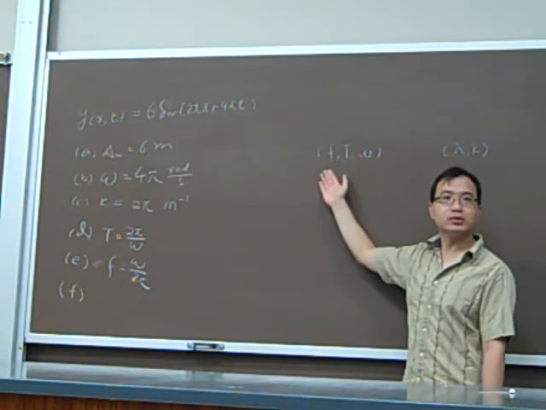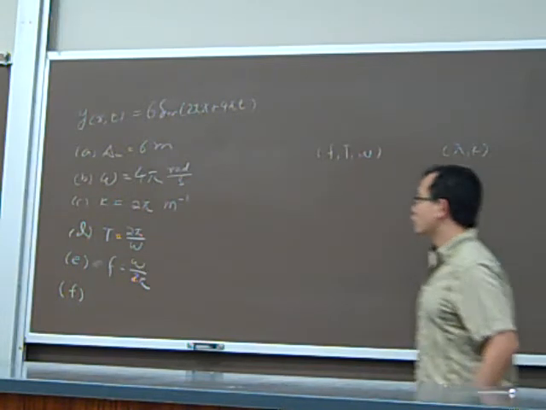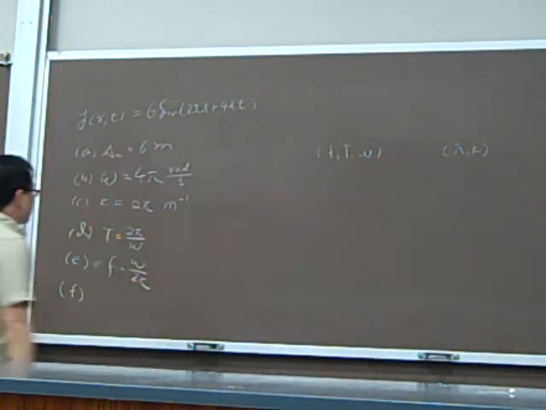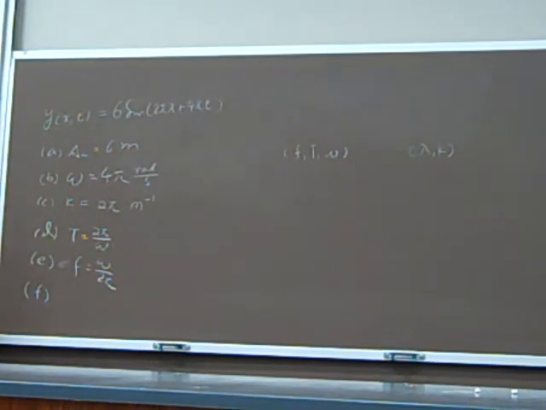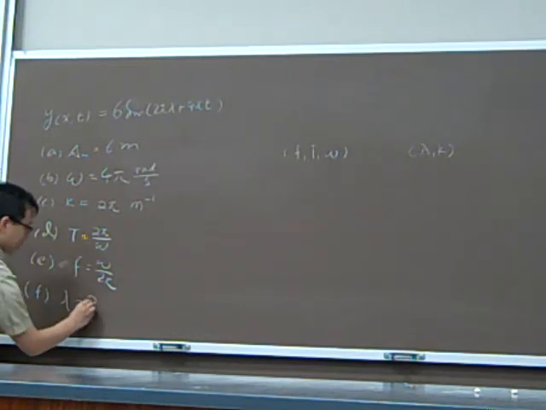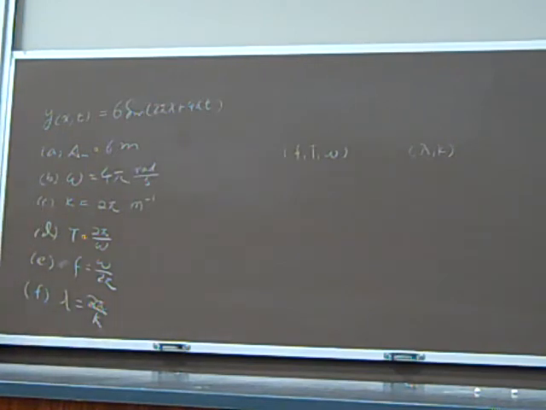These others are temporal, the time pattern of the wave. Okay. So to calculate the wavelength, you need to know k. What's the relationship between the wavelength and k? Do you remember? 2 pi over k, right?